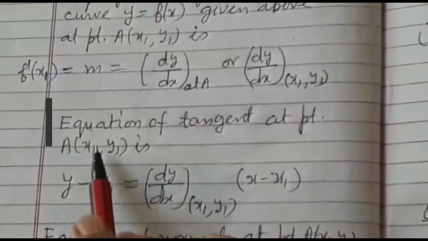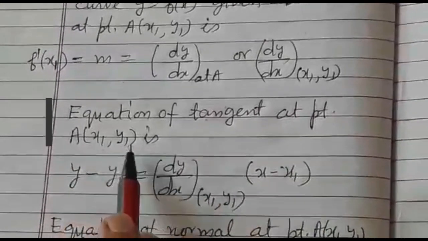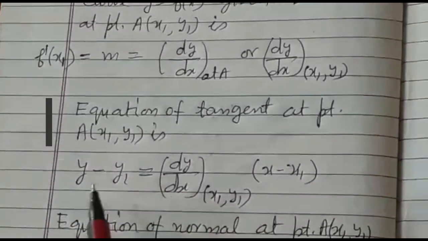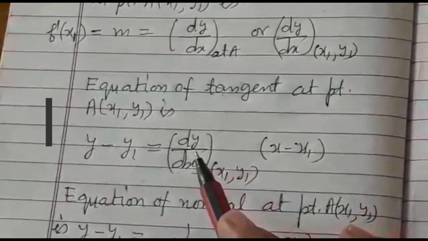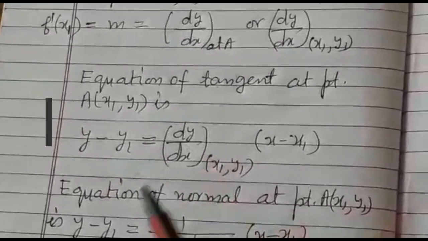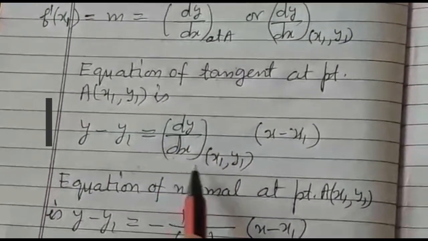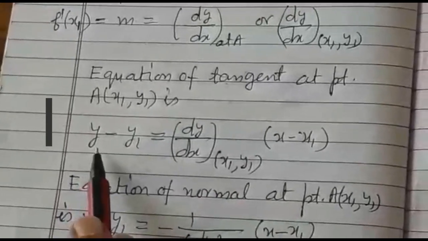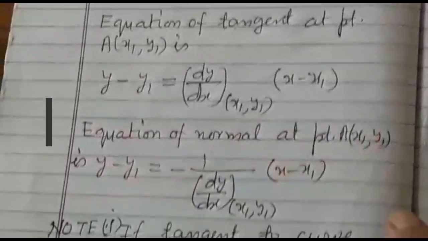Now we are coming to the equation of the tangent at point A (x1, y1). It is based on a line passing through the point (x1, y1) and having slope m. So in place of m we put dy/dx at (x1, y1), and the rest of the things are y minus y1 and x minus x1.